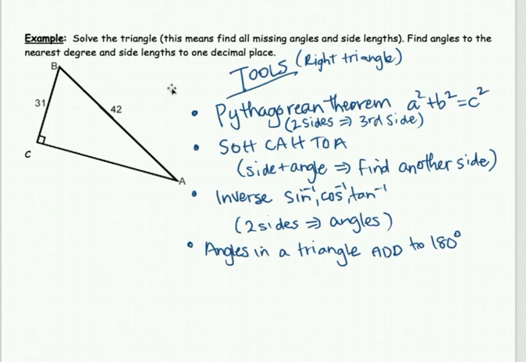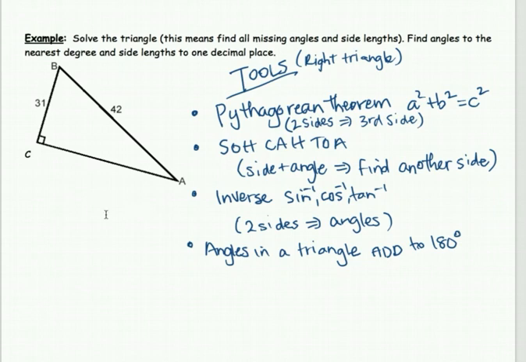So make sure you carry a few digits on all the results that you get, because sometimes if you find this missing side, you might need to use it to find this angle. And if you round this one up, it can end up affecting the results of this one.